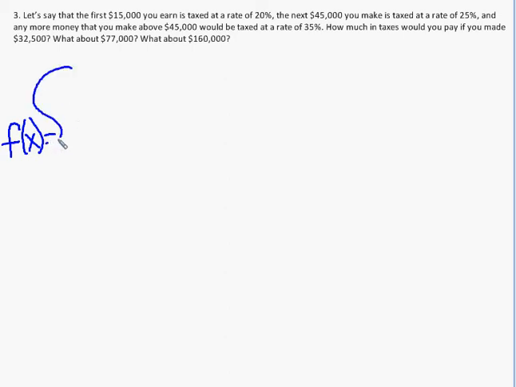So for the first one, we're going to be getting taxed at 20% of how much money we make, up to 15,000. So it can be 0 up to and including 15,000. Now for the next part, from 15,000 to 45,000, we'll be getting taxed at 25%.